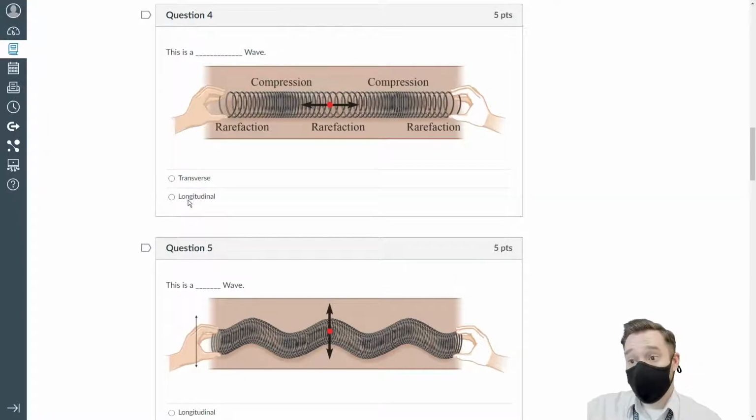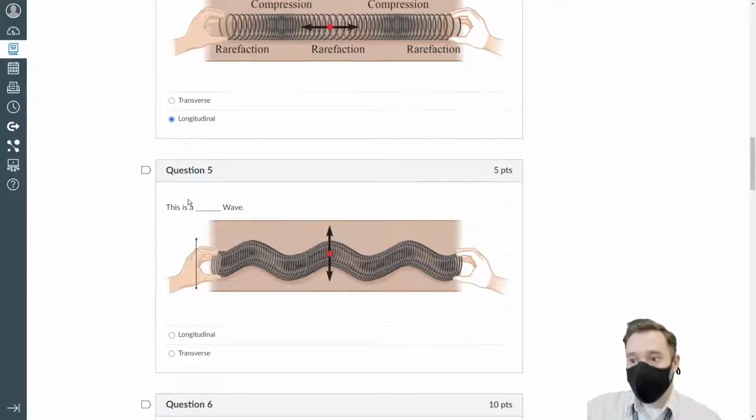Longitudinal, good. So one of the easy ways to remember the difference is, if that's longitudinal, this would obviously be transverse. So with transverse, the direction of the wave, if I just did one pulse going up and down, it would send a pulse down the slinky horizontally. But the motion that created the wave was a vertical motion.